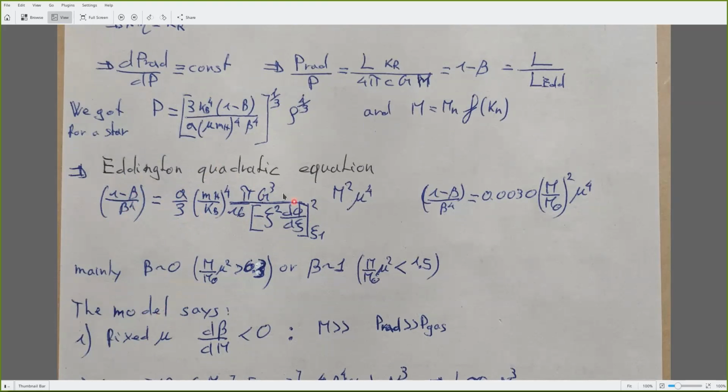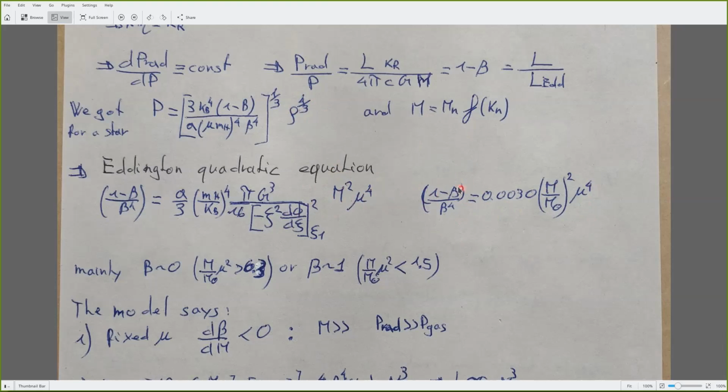This constant is defined by the solution that we choose, a polytrope of index 3, and the mass to the square and the molecular mass to the 4th.